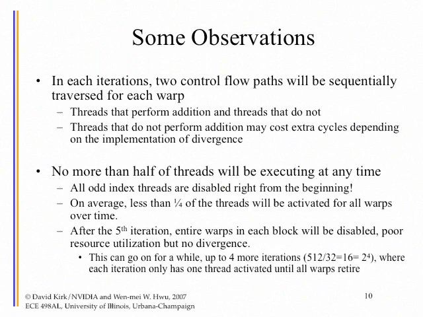At that point, you retire the block. And you will be using resources in a fairly inefficient way. On average, you will have far less than 1/4 of the resources being used throughout this piece of code.